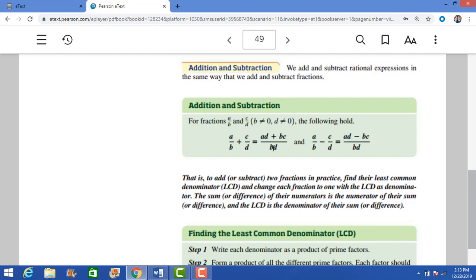Okay, now we can also look at finding the least common denominator. Using the LCD as the denominator will also make sure that we simplify the fraction and have it in lowest terms.